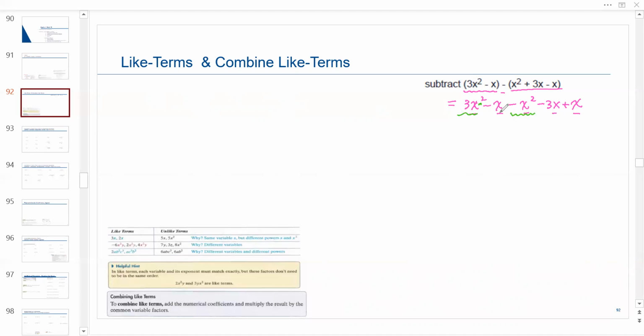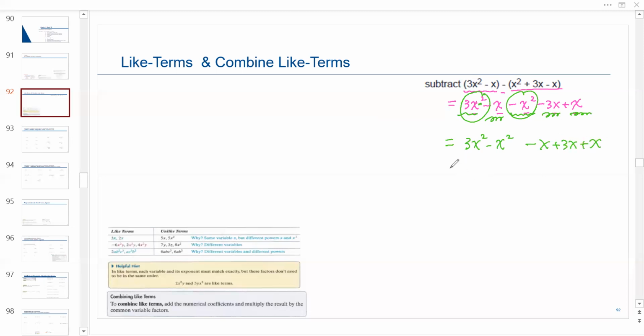And this one, this one, and this term are the same, or like terms. For the like terms, everyone can do it. Oh, that's so easy. So right now this part is the same. We put them together.